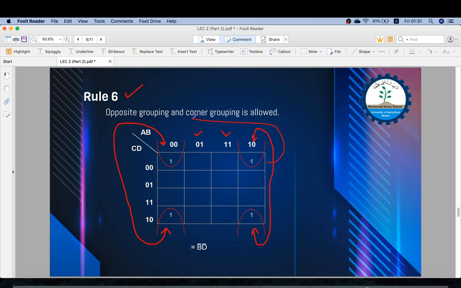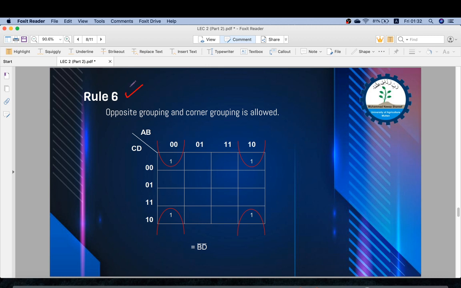This is mutually or virtually connected with this one, and we implement the same on this. So all these are virtually connected with each other in opposite grouping or corner grouping. So now we will make the equation for this.